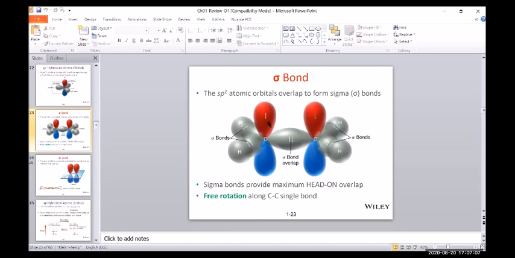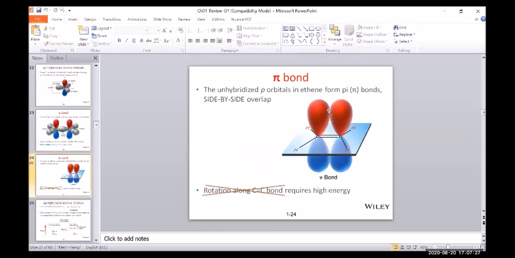So between this chunk and this chunk, it cannot freely rotate, because if you rotate, the p orbitals are no longer parallel, and the wave function overlap will become worse. Energy will increase. So there's an energy barrier for the rotation because of the pi bond. That's why the cis and trans isomers are fairly stable and cannot easily convert to each other.